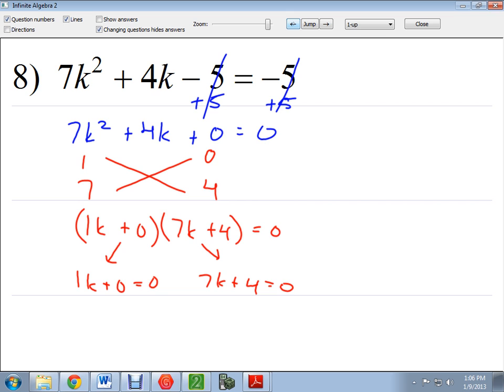Solve the one that's not weird. How do I solve that one over there on the right? Subtract 4. 7k is equal to negative 4. Divide by 7. And k is negative 4/7.